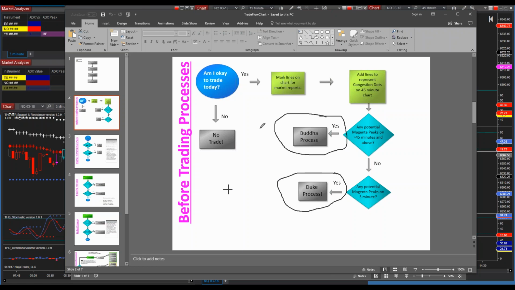The Buddha process has to be at an ATR too, but it's a counter-trend trade. We avoid buying the top or selling the low simply by identifying whether it's Buddha or Duke. Both are at the ATR when we enter the trades. Does everybody understand that?